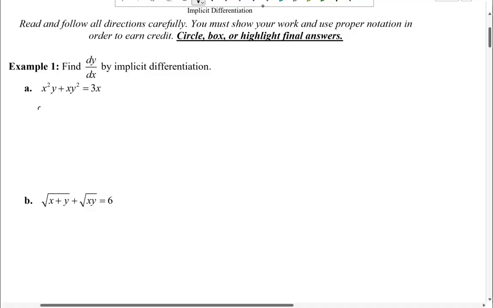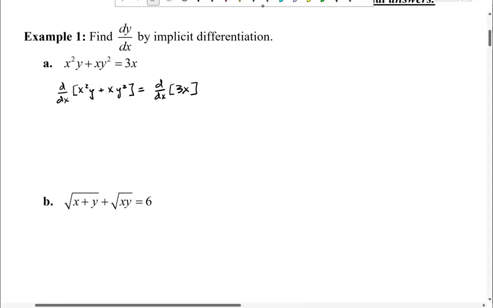So we're going to take the derivative with respect to x of x squared y plus xy squared. And then we're also going to take the derivative with respect to x of 3x. Now, again, if we're going to treat y as a function of x, that means that what we have right here is a product of two functions. And here we also have a product of two functions.